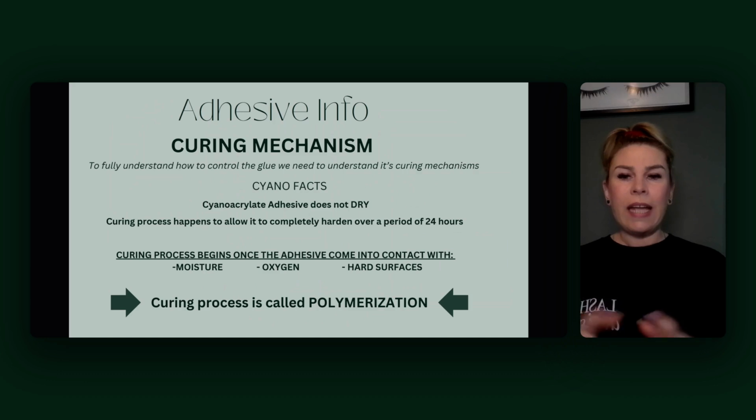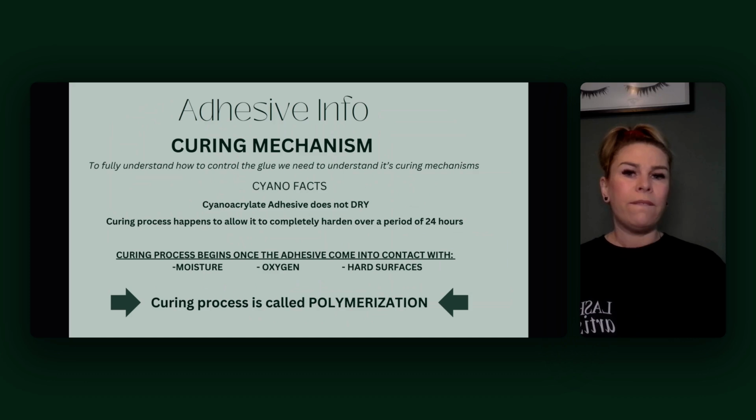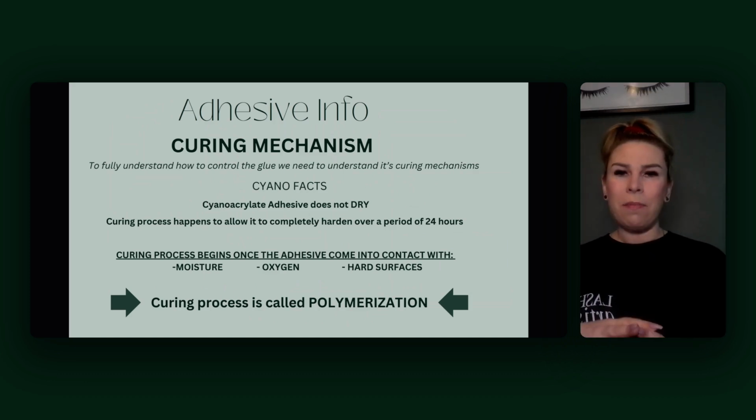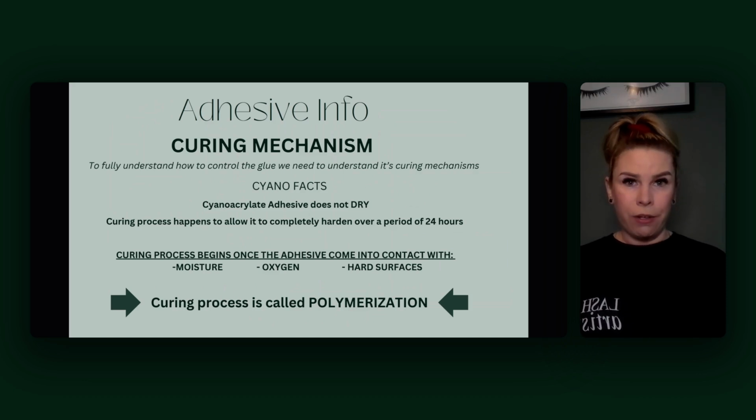To fully understand how to control the glue, we need to understand its curing mechanisms. Okay, so first of all, cyanoacrylate does not dry. It's not something that you can just leave out and it's going to just dry on a surface.